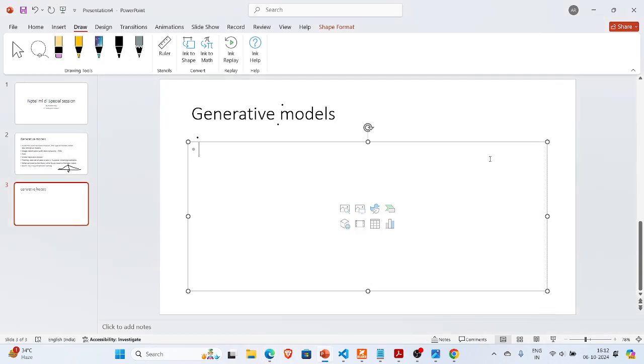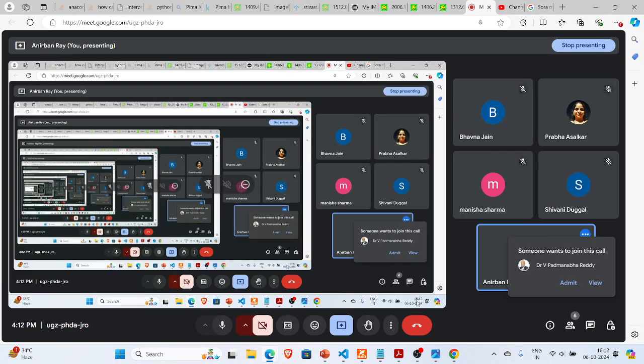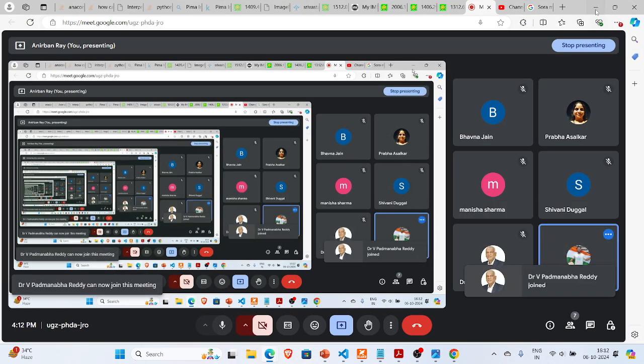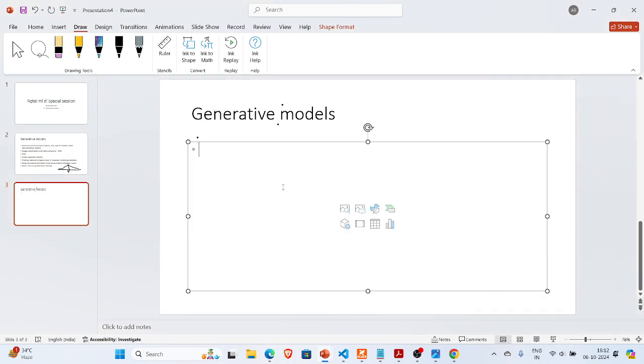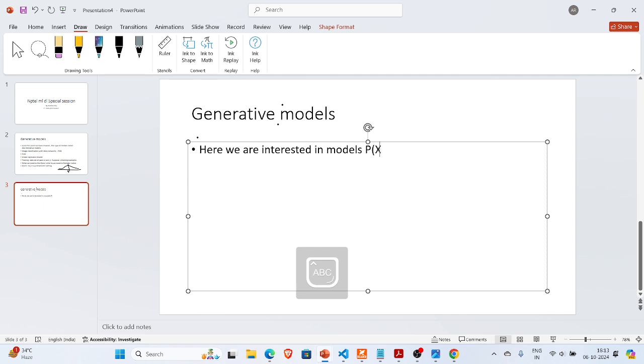So continuing here, we are interested in models which give us the probability distribution of x given y equals y.